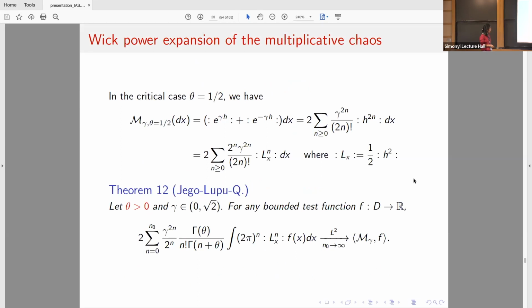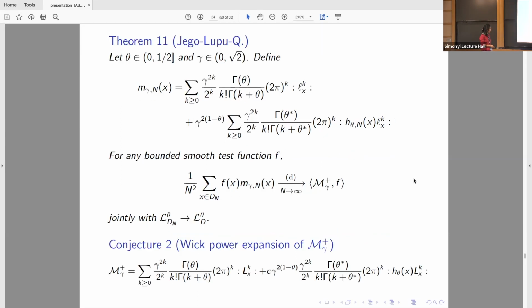And then, in fact, this conjecture 2, we can justify that it's a reasonable conjecture, because if we take m gamma plus and m gamma minus and add them up, we will get m gamma. And the first terms here, the even terms, they exist in both m gamma plus and m gamma minus.